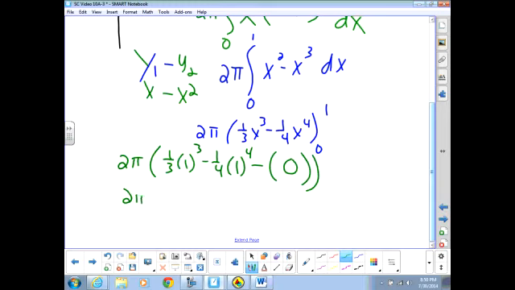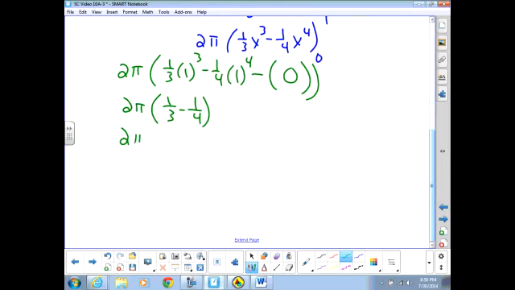So we'll have 2 pi times 1/3 minus 1/4. A third and a fourth will need a common denominator of 12. So that'll be 4/12 minus 3/12. So this will be 2 pi times 1/12. So that'll be 2 pi over 12, which is really just pi over 6.